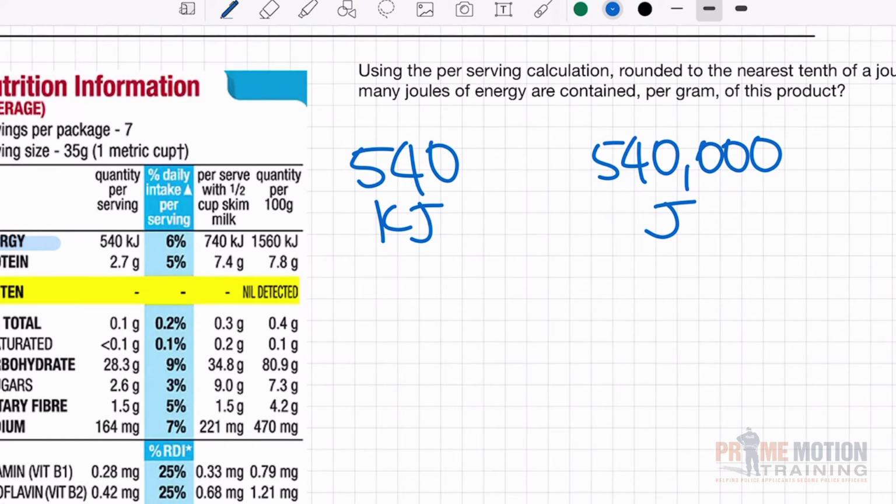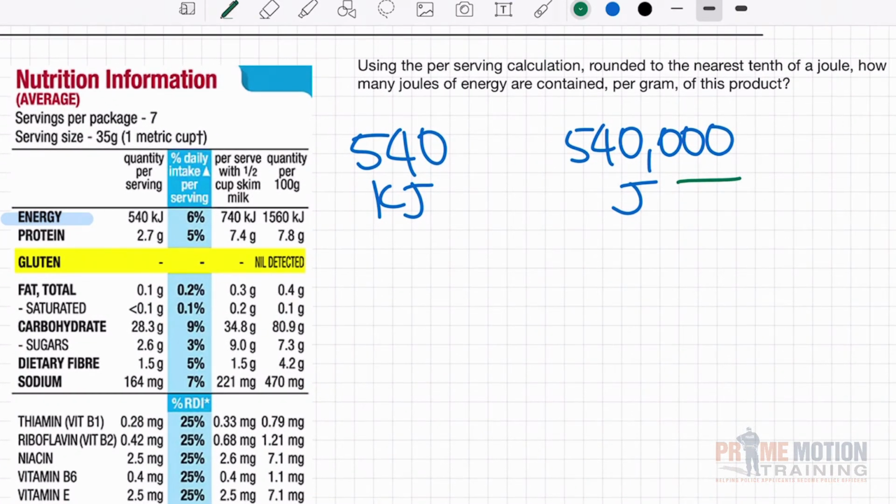Okay, so now that we've taken that first step, which is to convert the measurements, now we can move on. So now that we've got our 540,000 joules, we can do the next step, which is to divide it by the per serving quantity, which we know is 35. Because at the moment, what we know is that there are 540 kilojoules per serving, which is the same as 540,000 joules per serving, but we want to know per gram, not per serving.